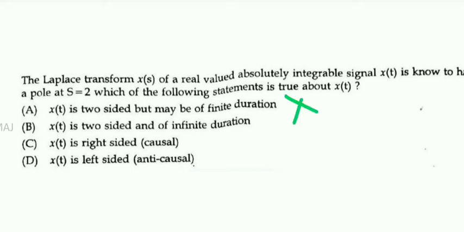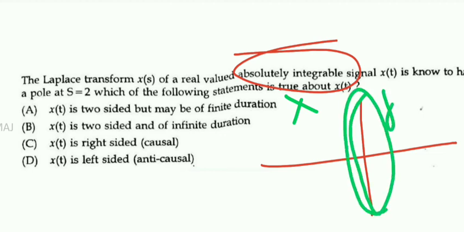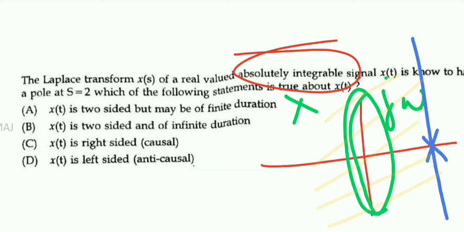Next, we see the question. It is absolutely integrable. If the signal is absolutely integrable, the ROC should include the j omega axis. My pole is at 2, so my ROC should lie on this side, including the j omega axis.